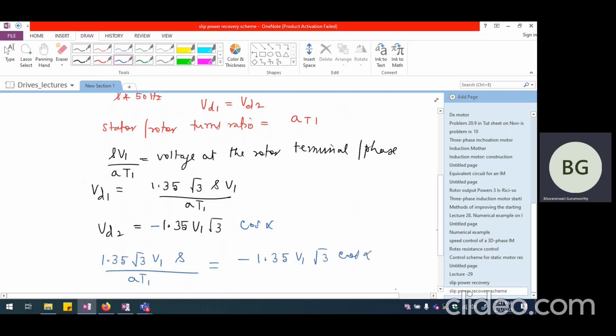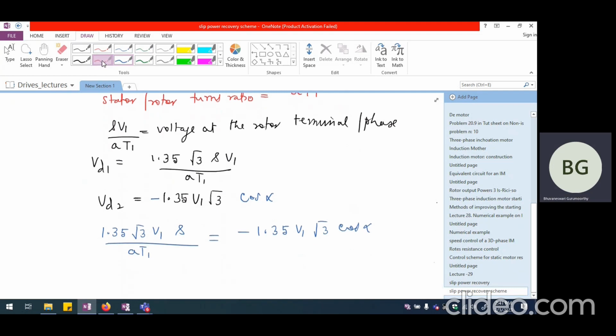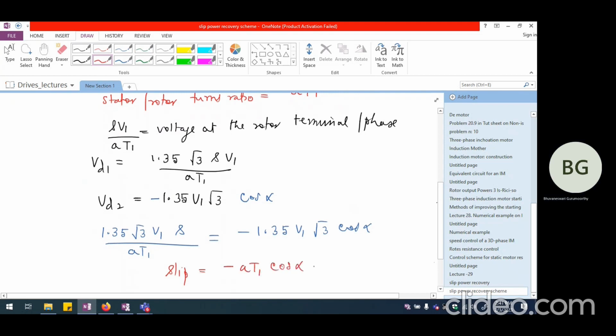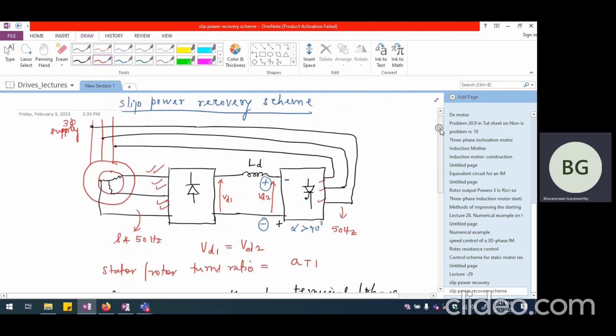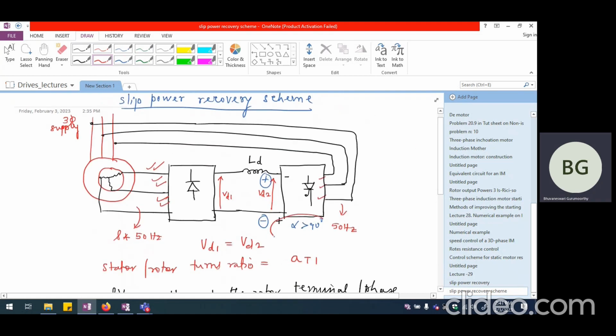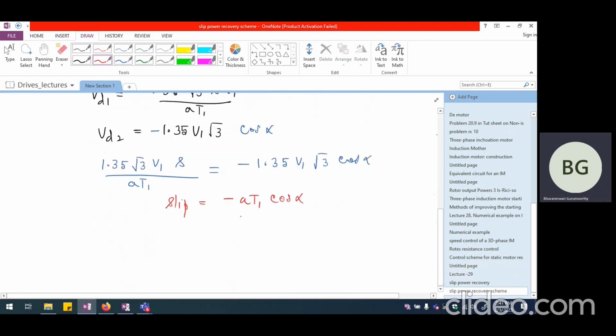From which I should be able to write that slip is equal to minus AT1 multiplied by cos alpha. So by adjusting the firing angle alpha of the thyristor converter, we should be able to adjust the slip or the speed of the induction machine.